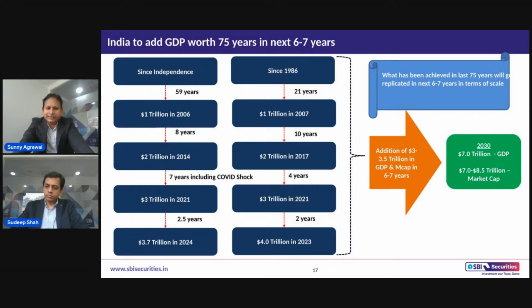And if I take this ratio of 100% of market cap to GDP, then the Indian equity market cap can be close to $7 to $8.5 trillion by 2030. This clearly shows that there is scope for the Indian equity market cap to double over the next 5 to 6 years, which is a decent 15% compounded annual growth rate.